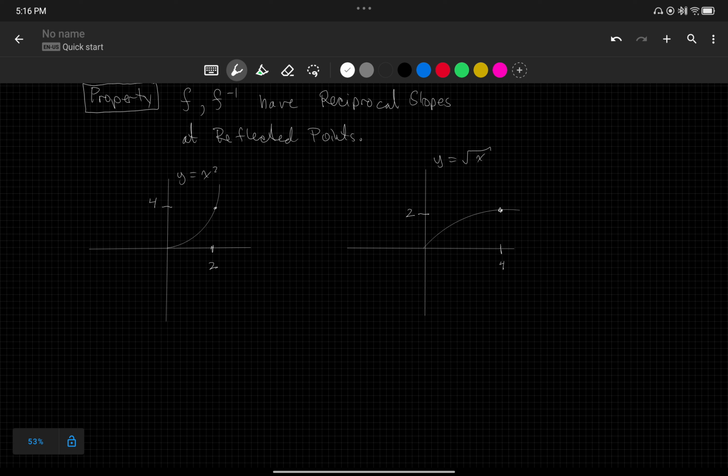So these are reflected points. So then if you want, let's label the little point here. This is 2, 4, compared to this guy over here, 4, 2.